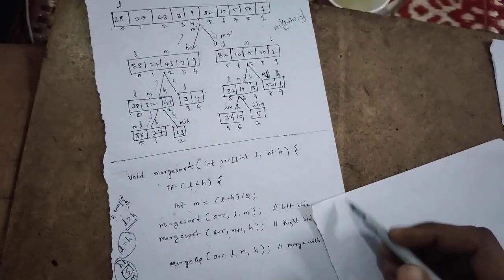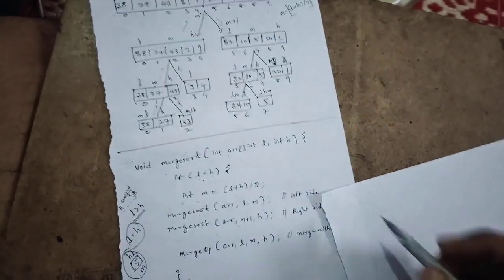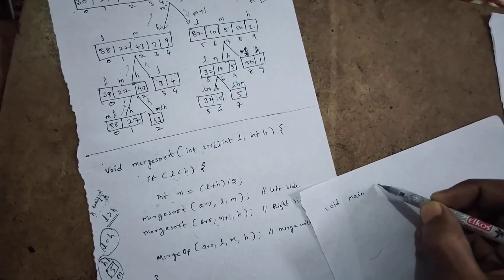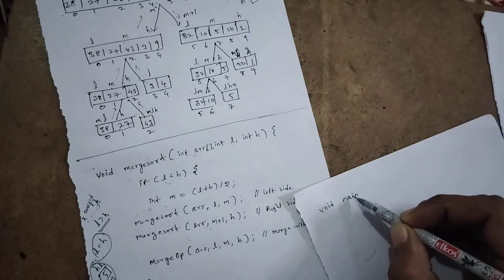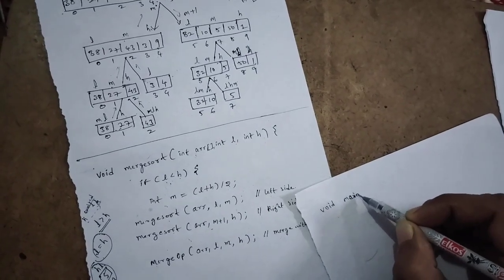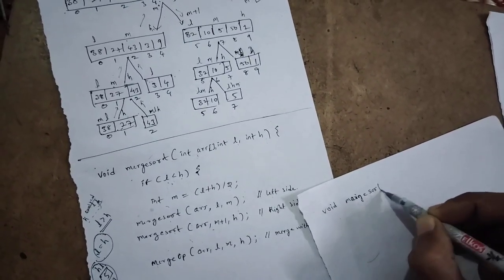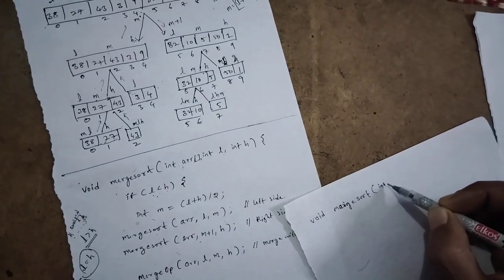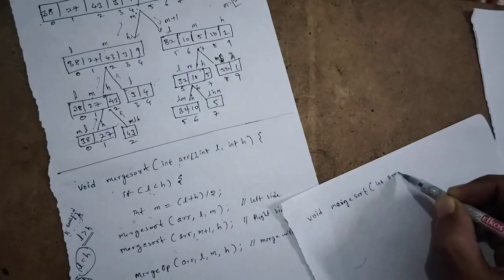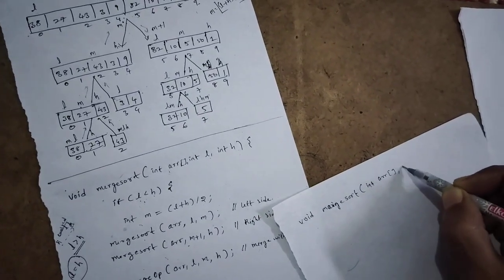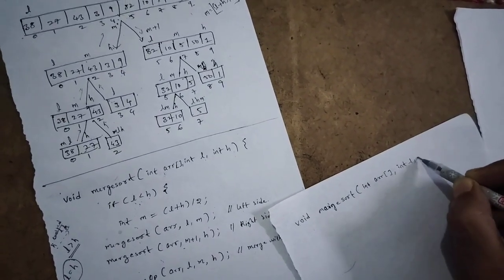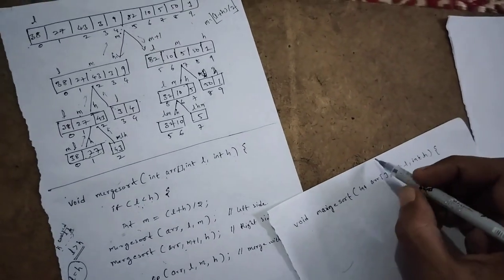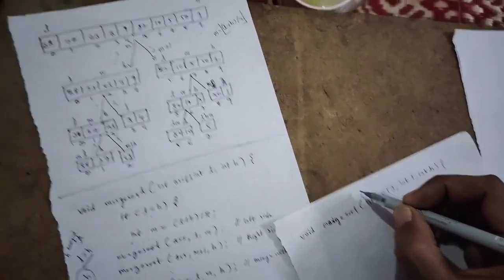Let's first take this array. void main, void merge sort, int array, int L comma int H. Here we have an array.